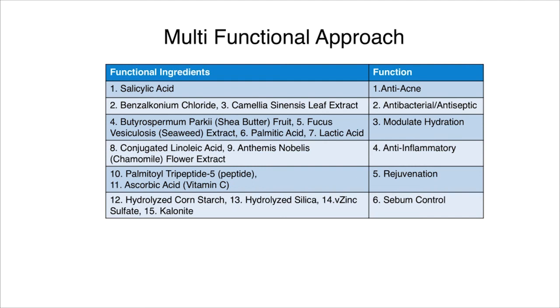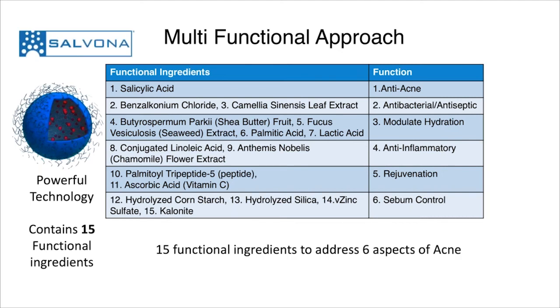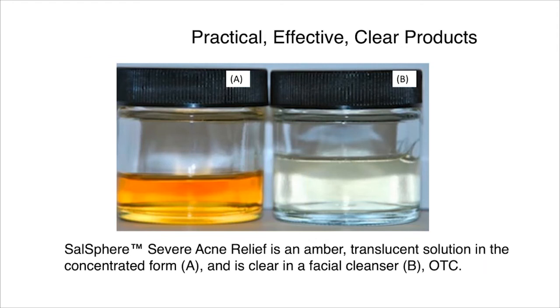We have a powerful technology that contains 15 functional ingredients to address 6 major elements of acne. This is a multifunctional approach to acne. The product itself is clear, as you can see here.